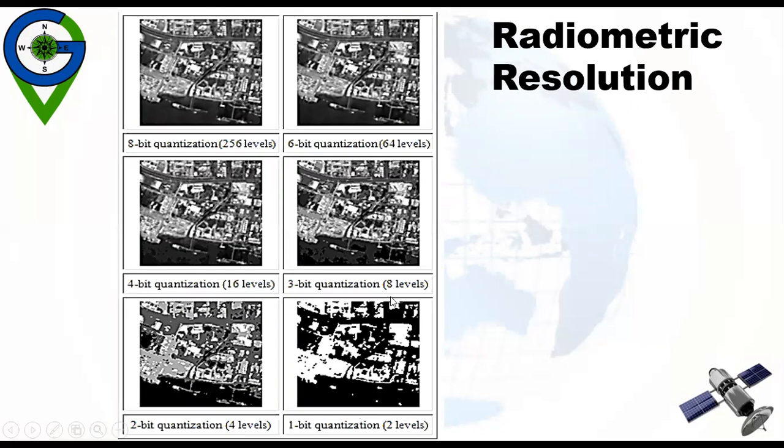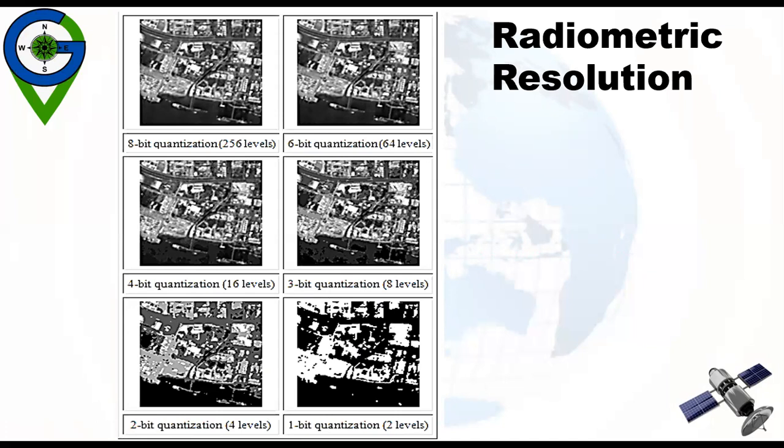Let's better understand with this example. Here you can see in this image, it is 1 bit data, meaning only 2 levels of gray are there. One is black and one is white. So the amount of information that can be extracted from this image is very, very less in comparison to this image where we have 8-bit data.